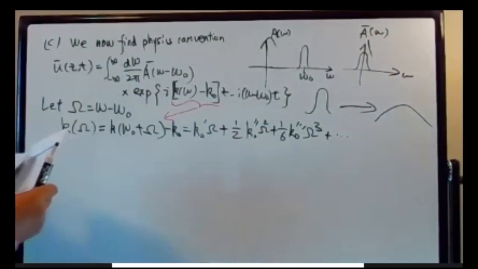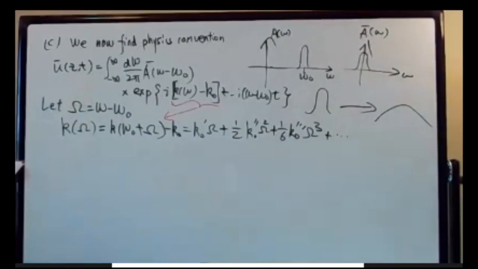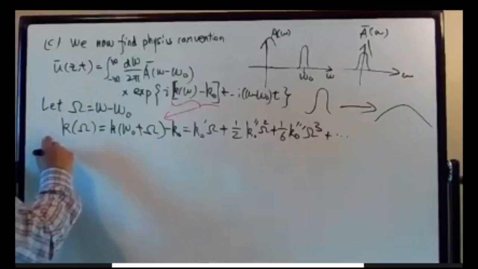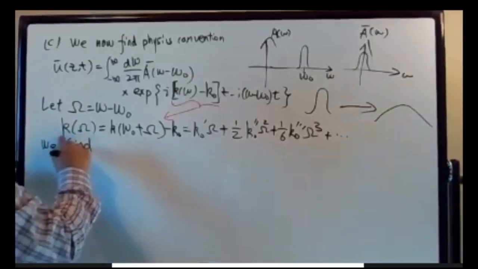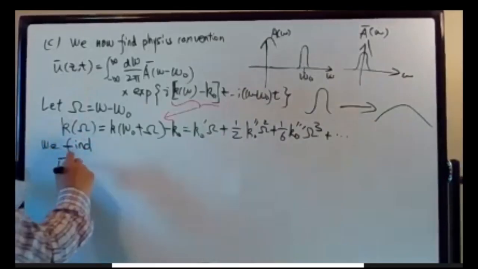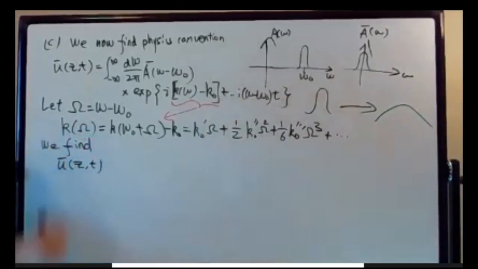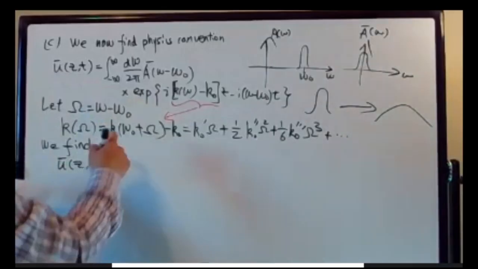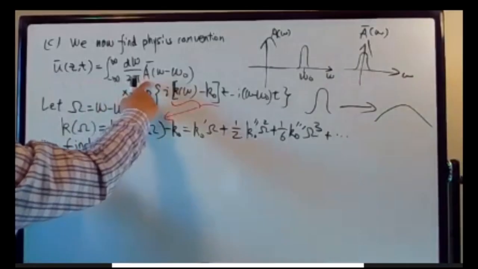So now we can find this U bar(z,t). This U bar(z,t) is A(omega), so we substitute it here.